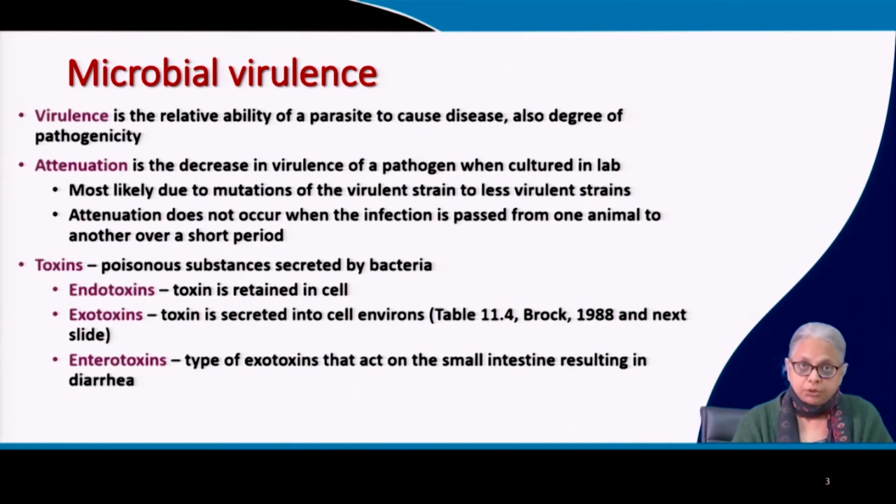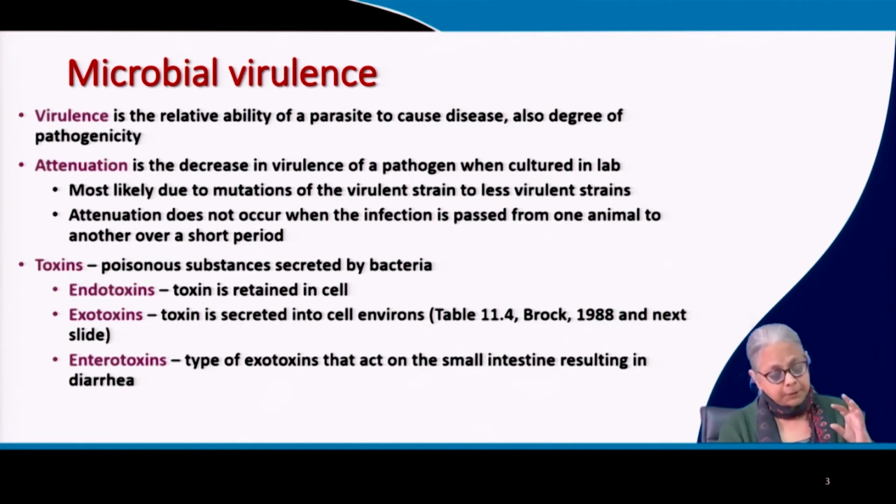There are two major groups, endotoxins and exotoxins. So by definition, endotoxins are when the toxin is retained in the bacterial cell or any other cell, in the microbial cell. If it's an exotoxin, it means the toxin is secreted into the cell environment. And within exotoxins, we have enterotoxins.